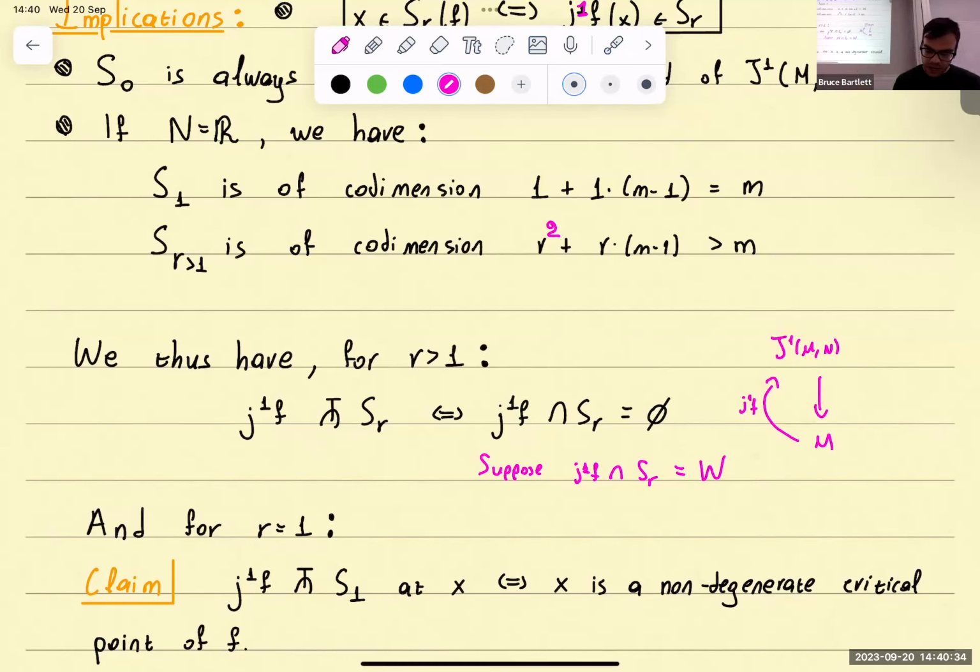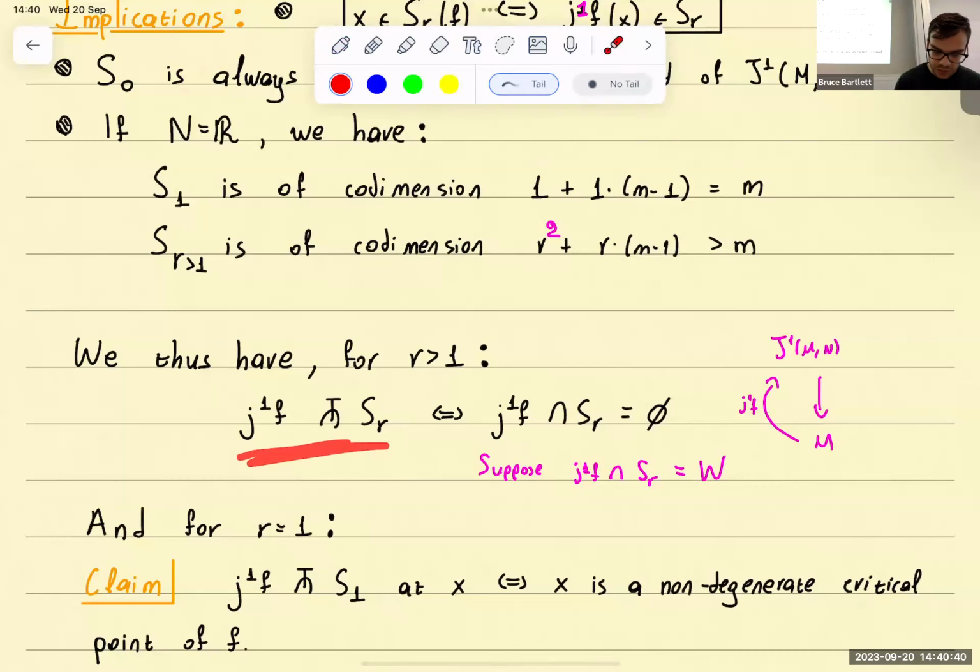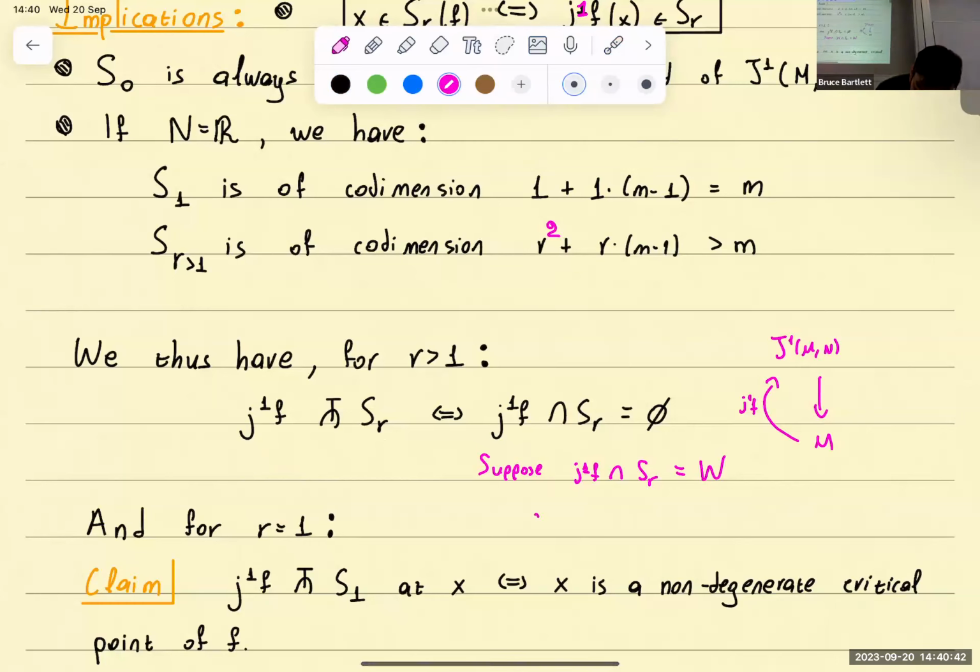So the transversality assumption would imply that J1F inverse of W would be a submanifold of M. Call it X.